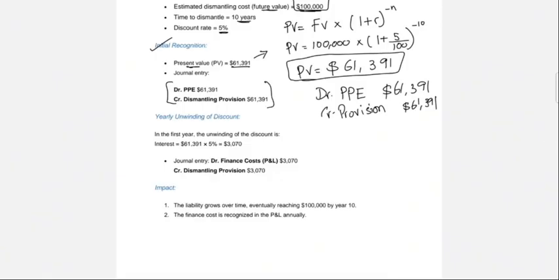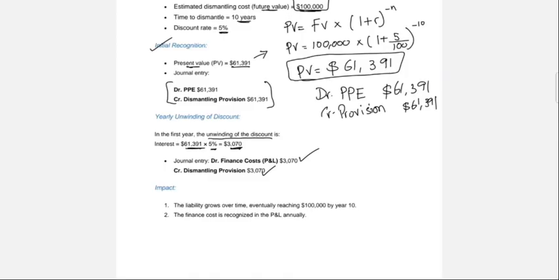Now, what happens is, for example, this provision is recognized at the start of the year. At the end of the year, when the first year is completed, we will unwind this discount. Which means you will take 5% of your present value, which is $3,070, and you will pass the journal entry to recognize this finance cost that will be incurred every year in relation to this provision, which is going to be debit finance cost, recognize expense, and credit dismantling provision.